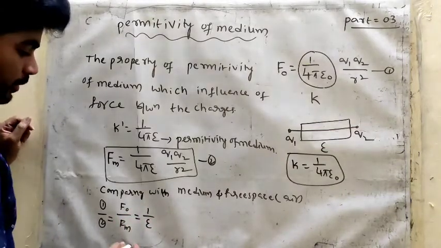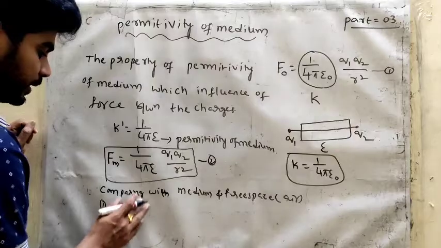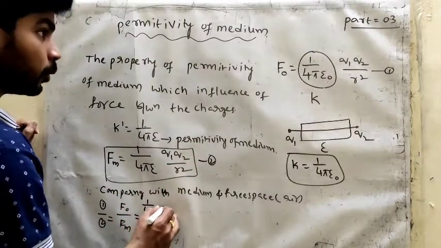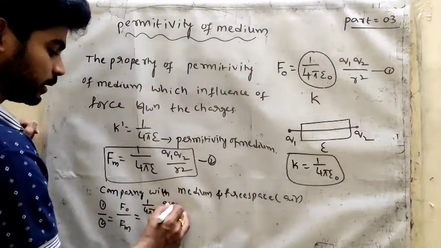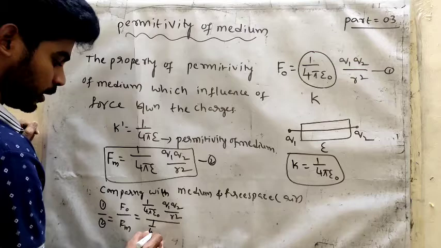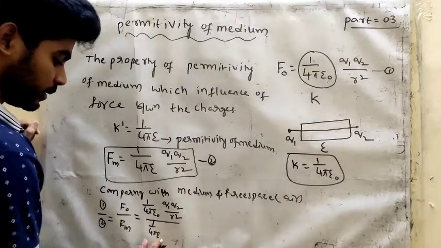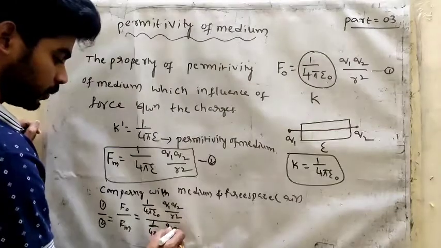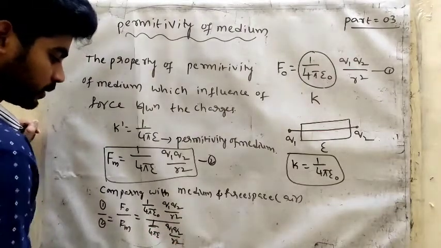What is remaining? Otherwise, simply write the F naught value: 1 by 4 pi epsilon naught Q1 Q2 by R square, divided by 1 by 4 pi epsilon Q1 Q2 by R square.